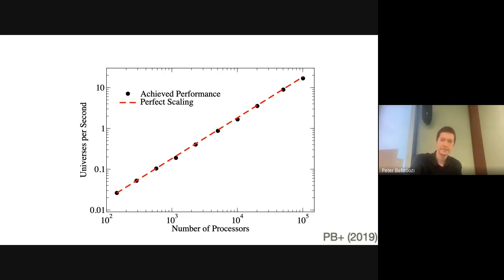But the failing is, why did we even need to go to 100,000 processors in the first place? I mentioned that we have to generate properties for a lot of galaxies, and yes, that will take a lot of computational time. But the reason we needed to go to such large numbers is that all the MCMC algorithms that were available that we tried were really inefficient at exploring the distribution of parameters that matched observations.